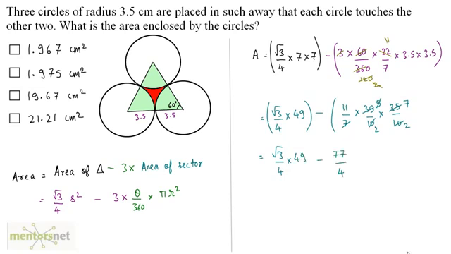Now you need to put the value of root 3 as 1.73, and if you solve this, you'll get 21.217 minus, and 77 by 4, you'll get it as 19.25. And if you solve this, you will get 1.967 as the answer in centimeter squares. So the correct answer is option A.